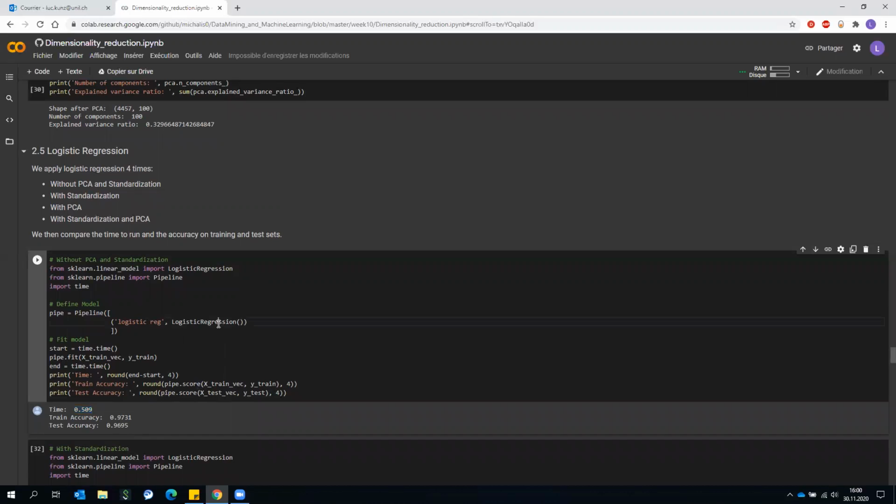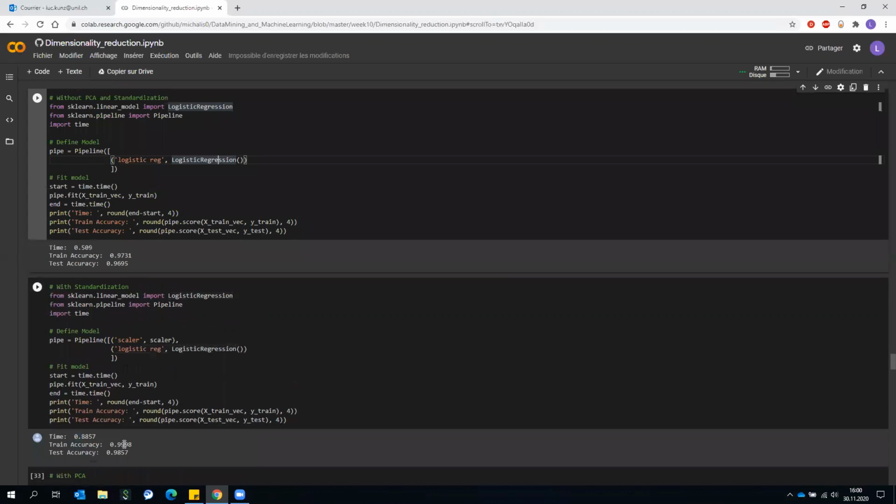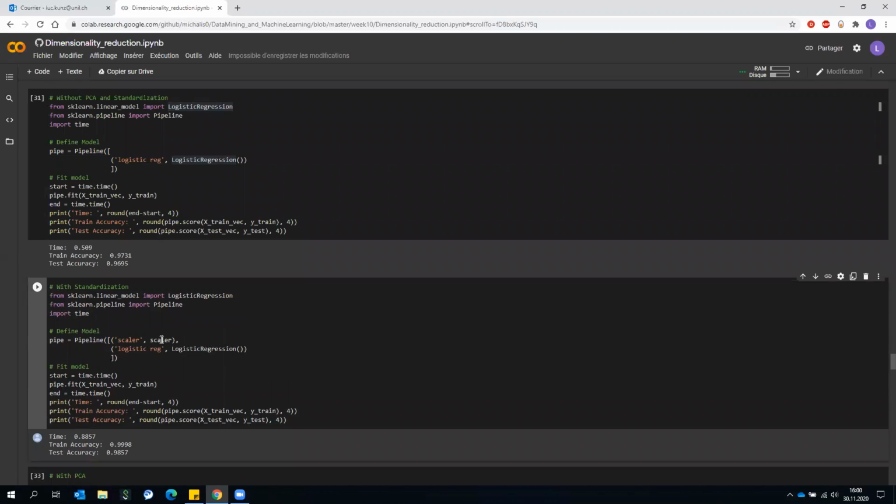Only with logistic regression. Then, if we use standardization, we can see that the accuracy is even better, but of course the time is a bit longer because you have this second element in the pipeline in which you have to standardize the data. But the accuracy is like 1 or 2 percentage points higher in this case.